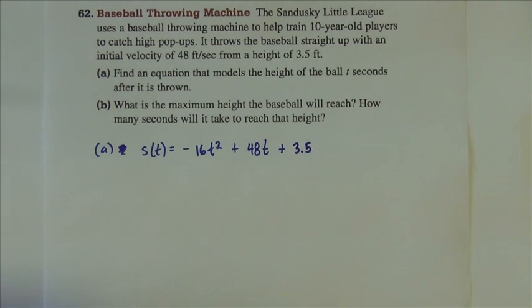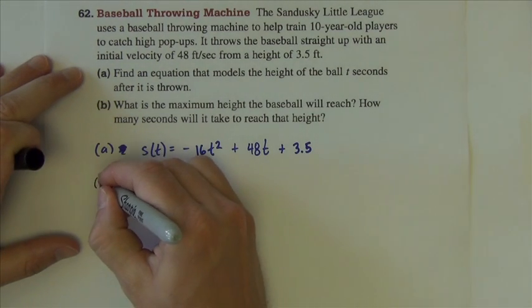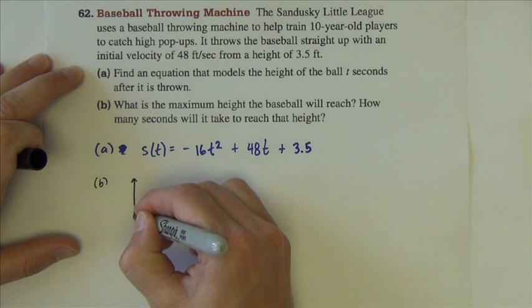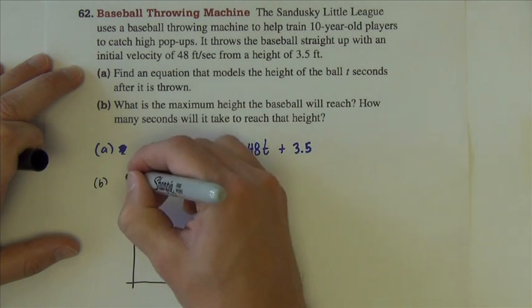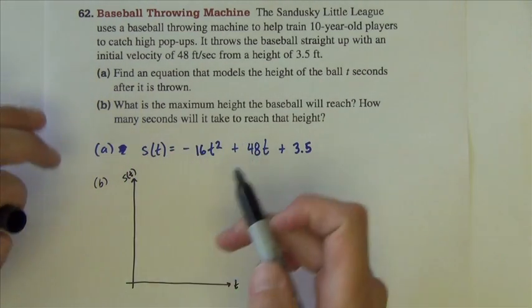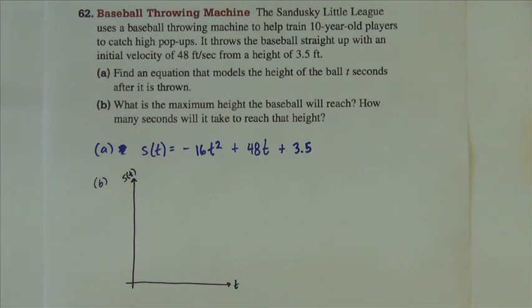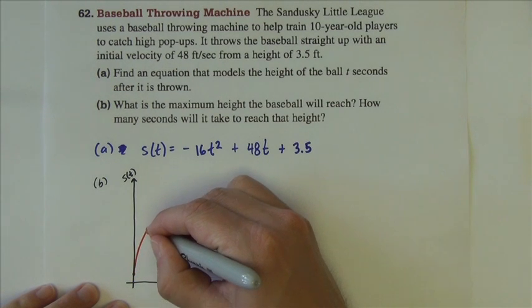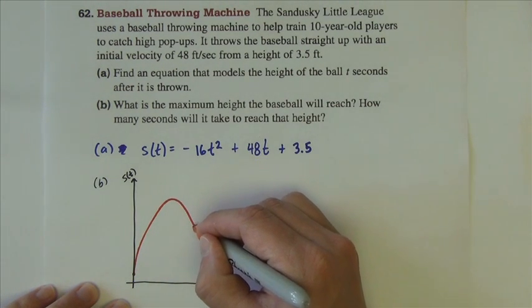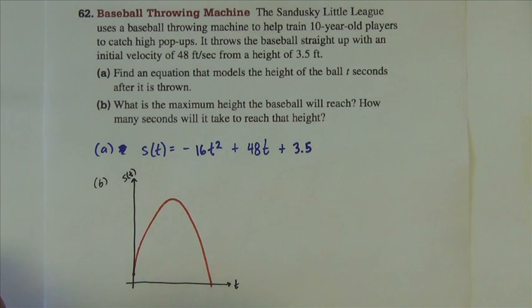Now part B says what is the maximum height the baseball will reach and how many seconds will it take to reach that height. So for part B, let me just kind of model this graphically so we can physically interpret this. We've got a baseball, starts at 3.5 feet, travels up, and then back down, eventually lands on the ground.